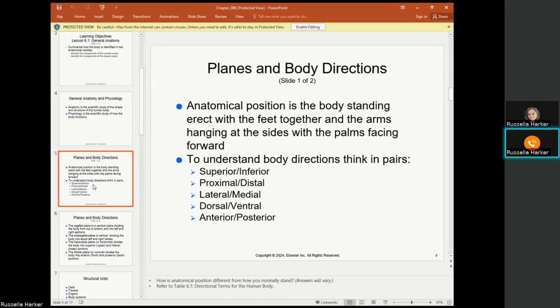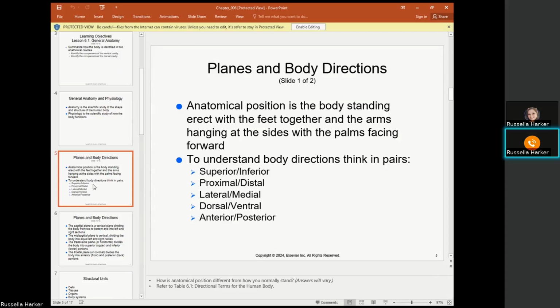Lateral means to the side, as medial is towards the middle. Dorsal and ventral. Dorsal is the back, where ventral is the front. So like the dorsal fin of a dolphin would be on its back.